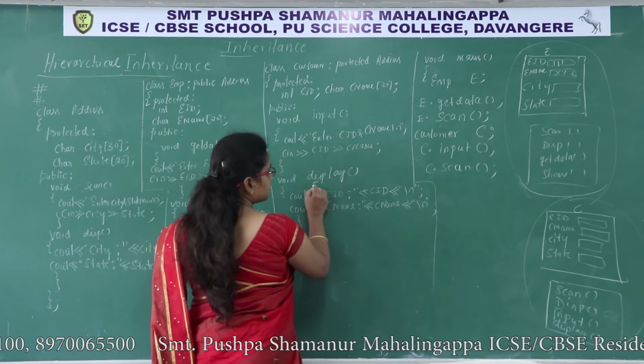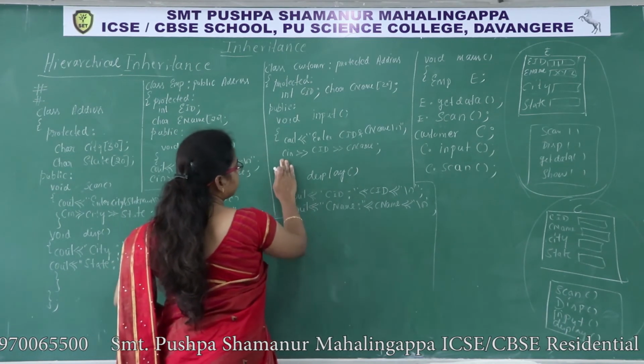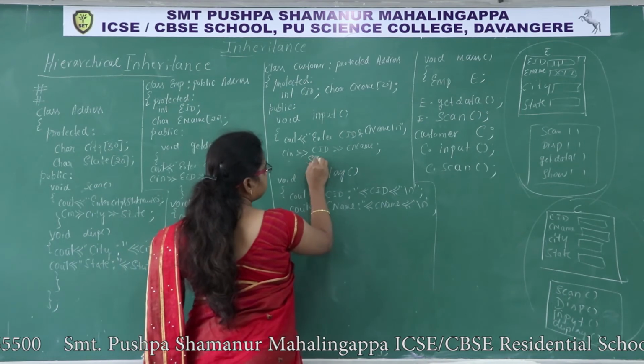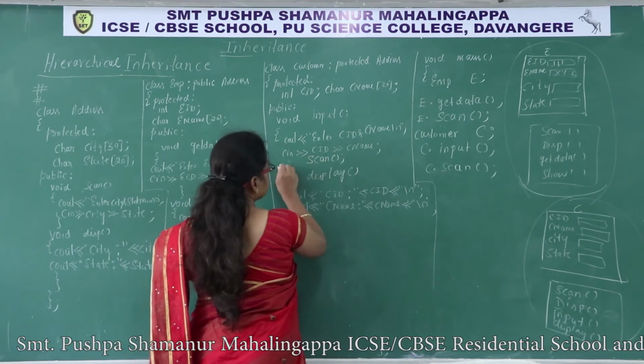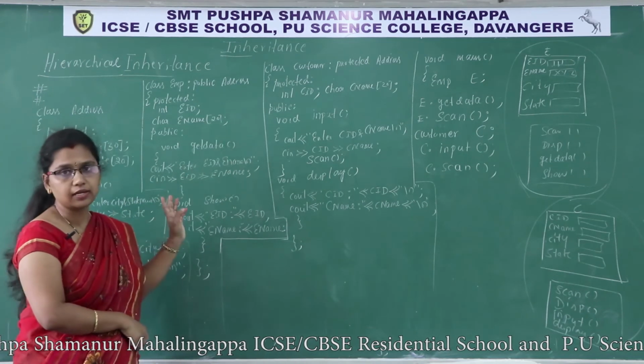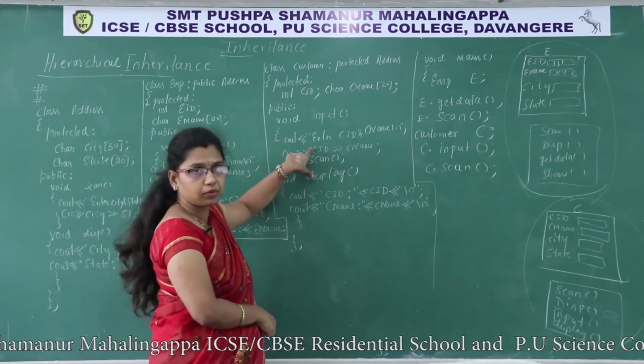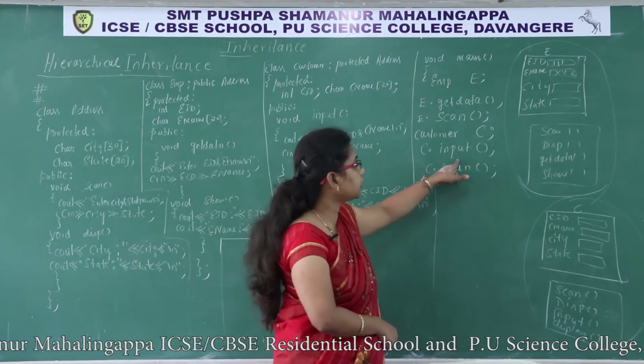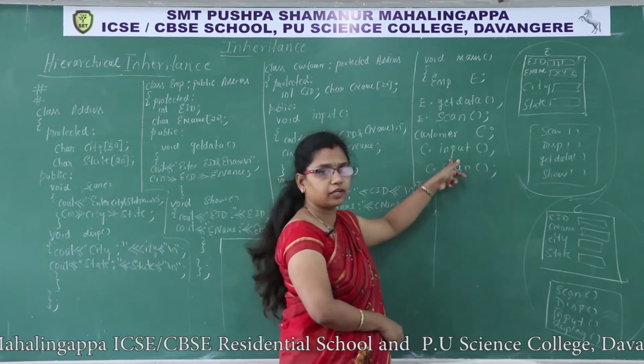How? Scan. I can write like this, after this, scan, open close semicolon. Input is a member function of the customer class. Input is a public member, so I can access it directly from the main function: C.input.